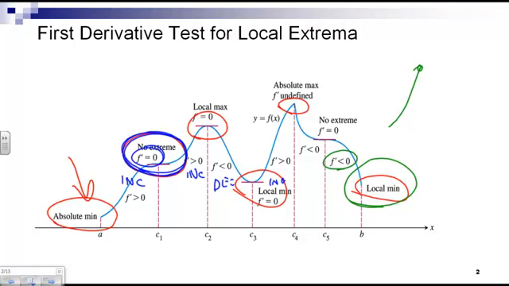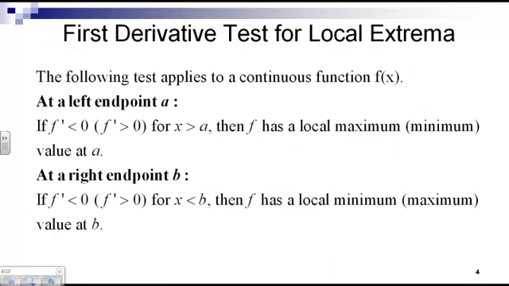And let's see if we can summarize it in words, because that might be a little bit easier. Okay. If we're at a left endpoint A, and f prime is less than 0, okay, this notation is awkward.